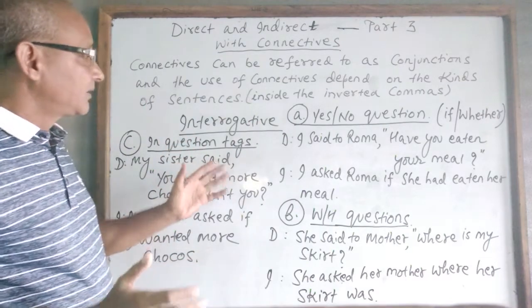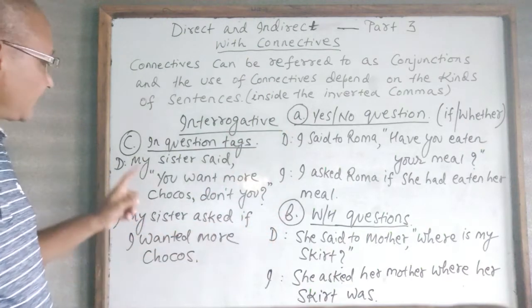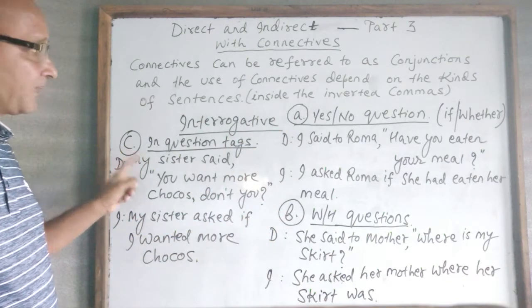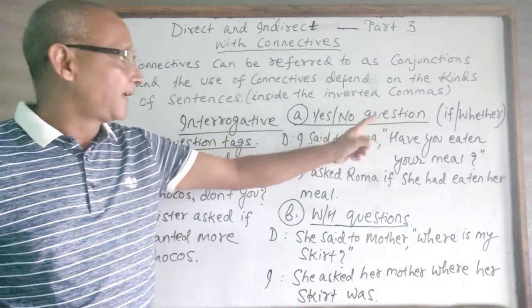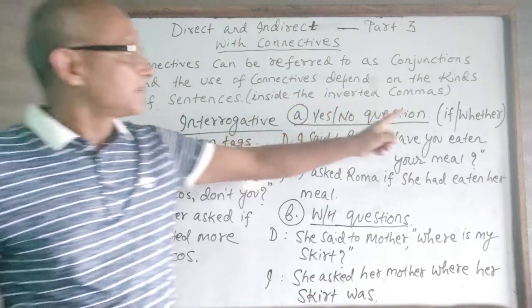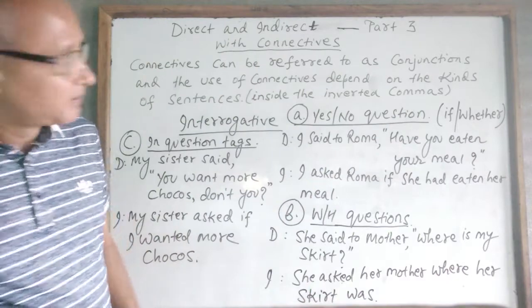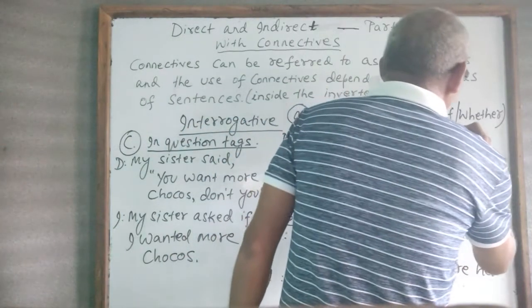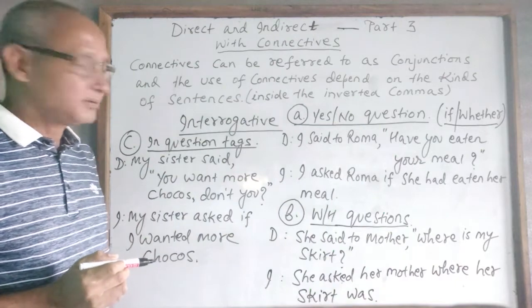There are three types: A, B, and C. In A, it's a yes/no question, where we always use the connectives if or whether.